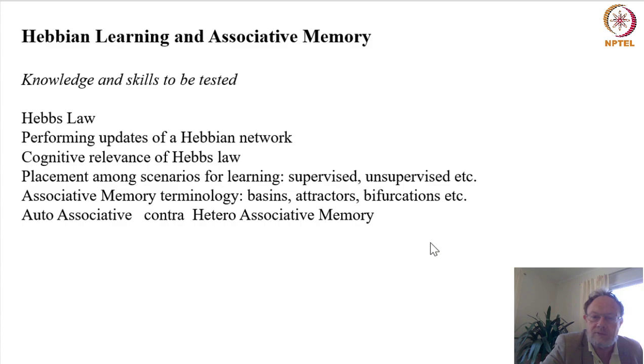Then more or less, for a little while, we moved from the mainstream ANN into the realm of associative memory. Of course, also still modeling associative memory by an artificial neural network. And the focus there was mostly on the approach by Donald Hebb, as inspired by cognitive models of the brain.